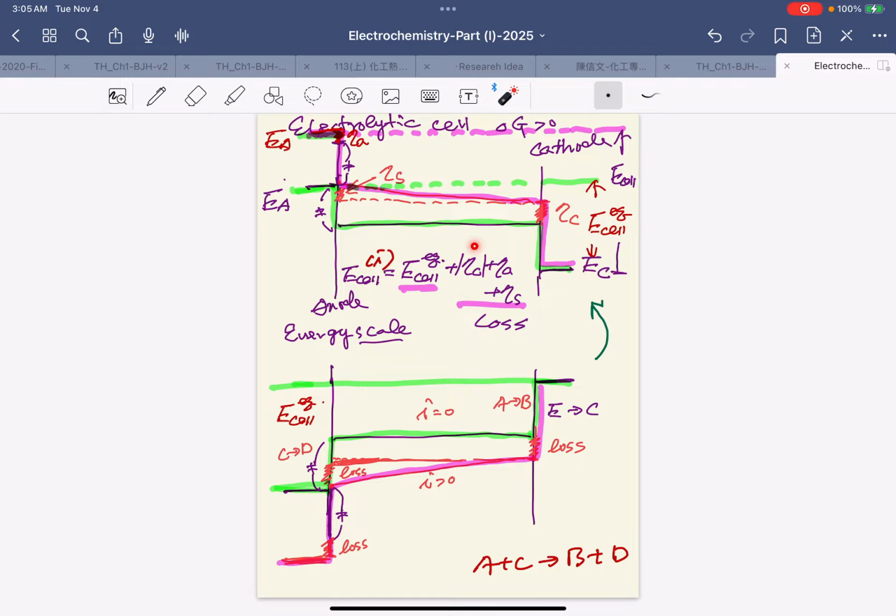Then comes plus the cathode activation energy overpotential, the anode overpotential, and also the solution overpotential. So the total E cell will be larger than E cell equilibrium.